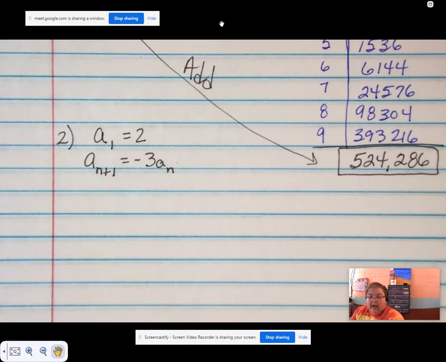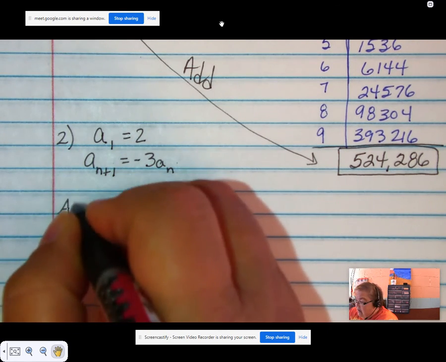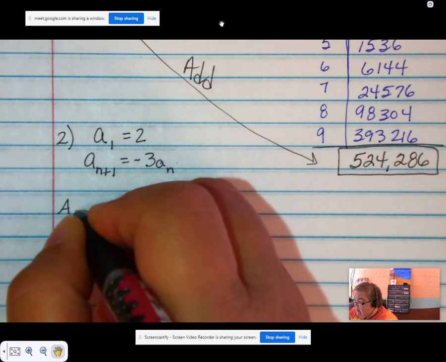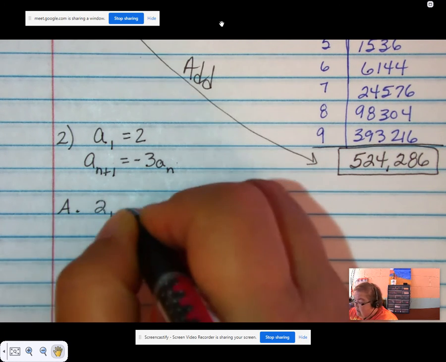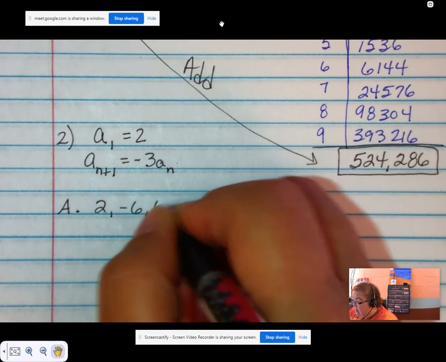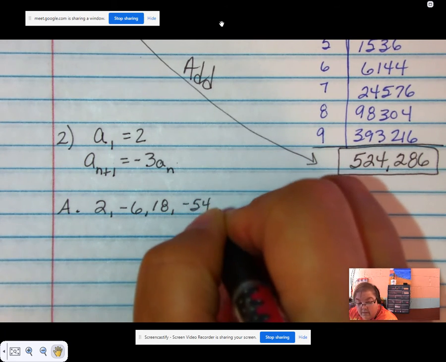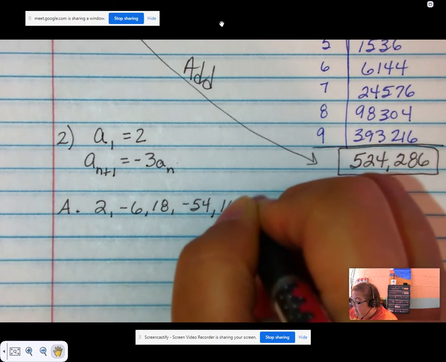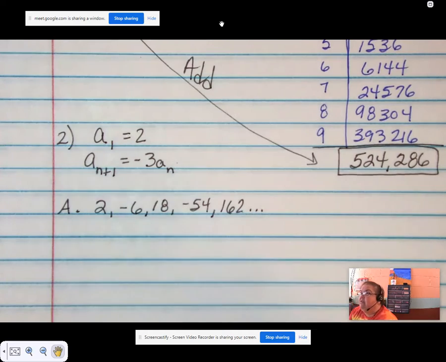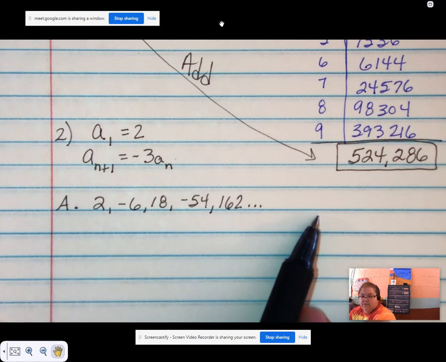So, look at the answer choices. A says this: 2, negative 6, 18, negative 54, 162, and they have to have the ellipses, the 3 dots at the end, because it continues.